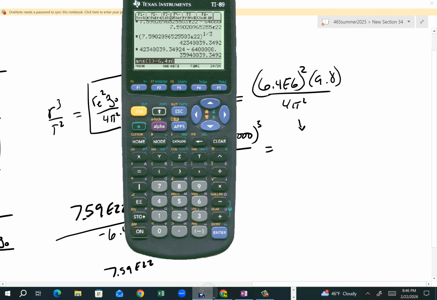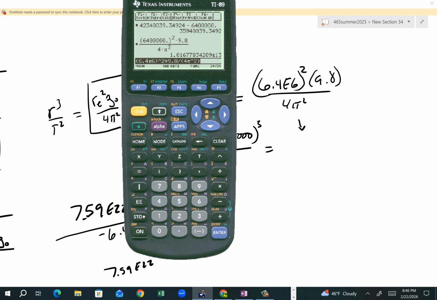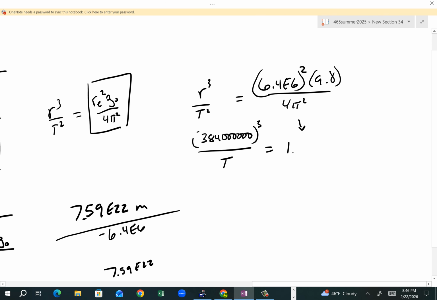Now, let me get you that thing right there. So, parentheses, 6.4e6 squared times 9.8 divided by parentheses 4 pi squared. Comes out to be that god-awful number, 1.016 E13 or something.